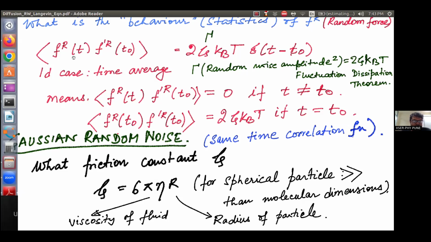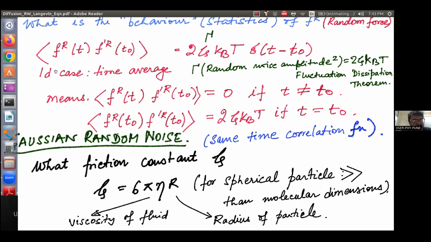So the statistics of this random force: at any instant in time t, suppose a random force F_R is acting, and at any other time t0, F'_R is acting, and you multiply them and take the time average, the expectation value. Do it in 1D, and you can similarly do it in 3D, as a dot product.